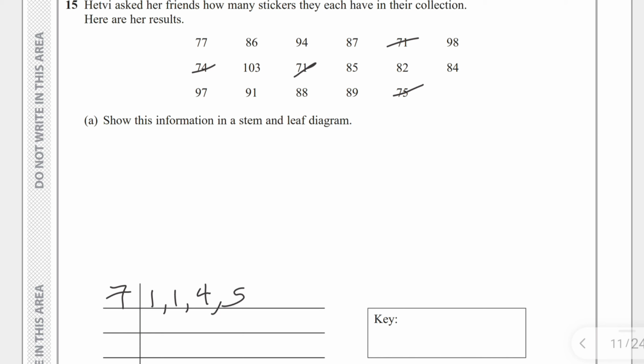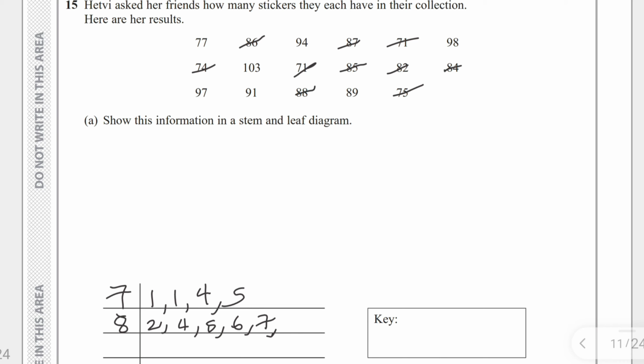So next is the 80s. 82, I think that is the smallest. 84, I think, if no mistake. 84. Then 85. Then 86. Then 87.